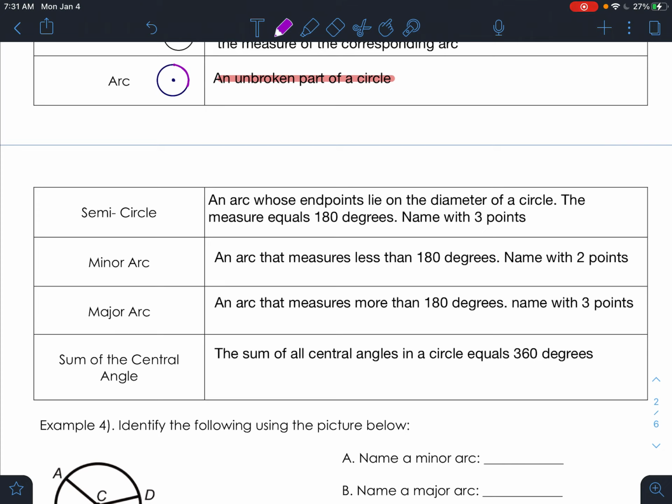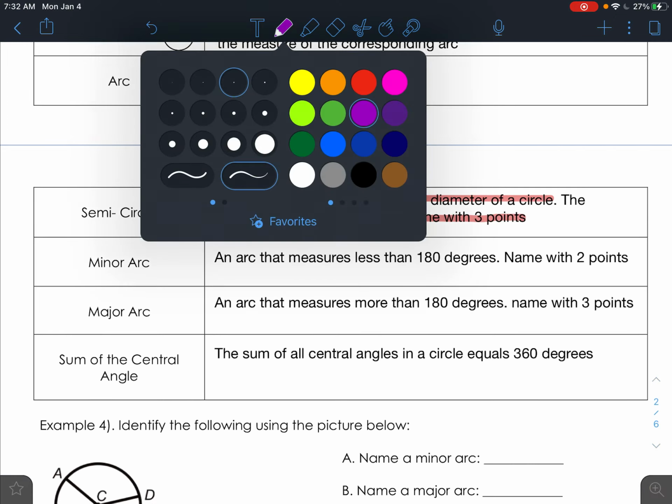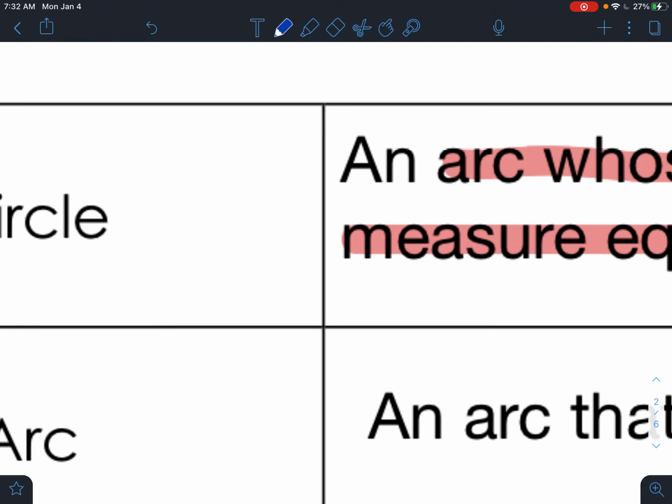Now, we have three different types of arcs. The first one is a semicircle, and it's an arc whose endpoints lie on the diameter of a circle. A couple things about it: it measures 180 degrees, and the way that we name it is with three points. So again, I'm going to draw my circle.